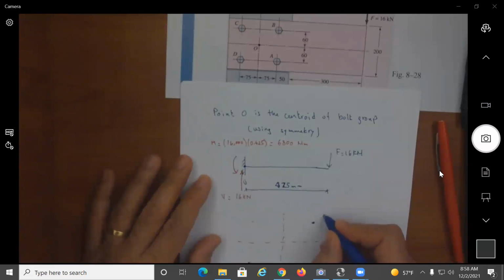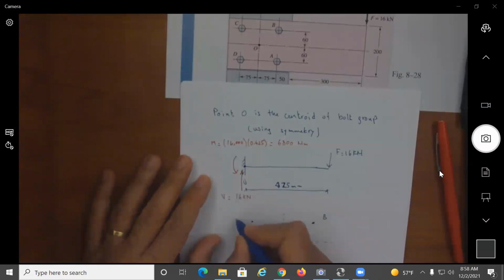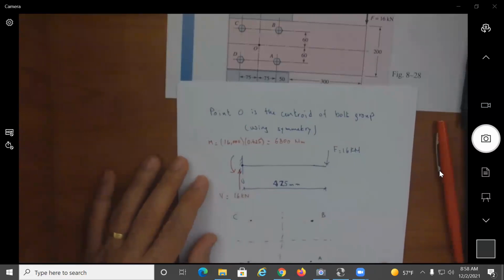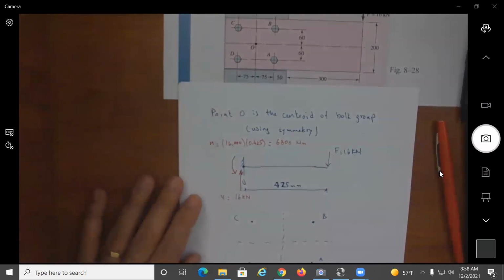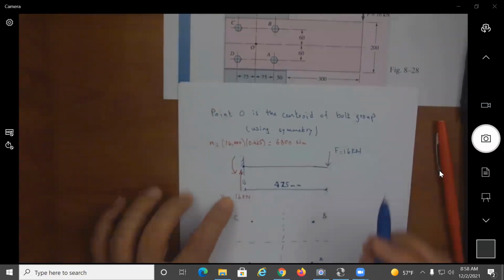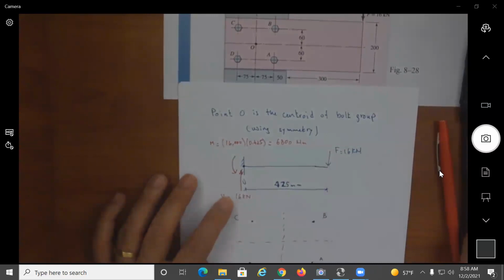So this is B, C, and D. This shear force of 16 kilonewton is going to be distributed evenly between the four.